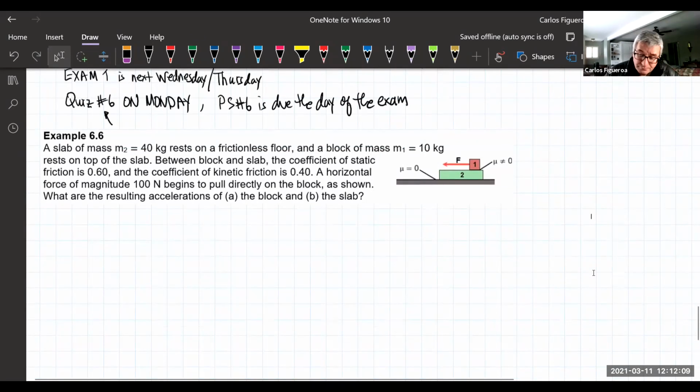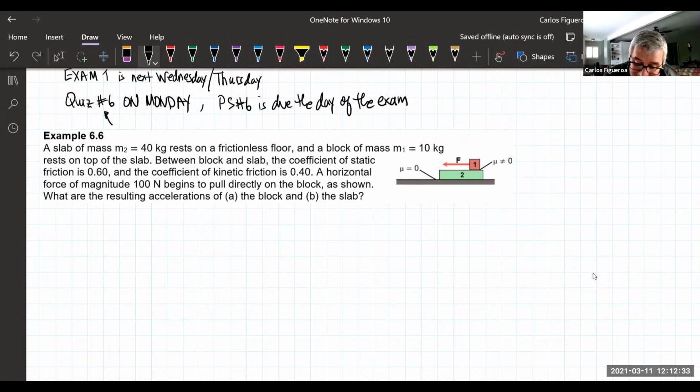So here we go. You've got a slab, which is the green slab, and you can see that it's more massive than the red block, which is M1. Block 1 is at rest, but there's a force applied to block 1.